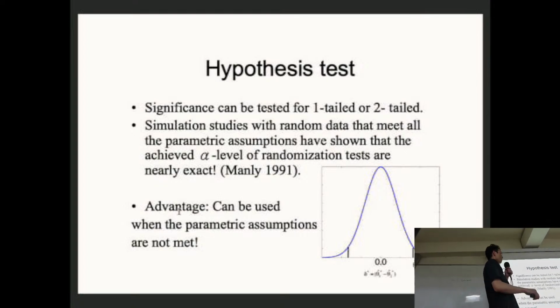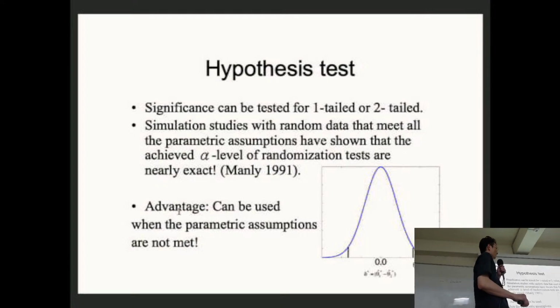Now we can consider our observed difference in mean. We can calculate theta 1 hat minus theta 2 hat as the observed difference in mean. And we can generate a 95% confidence limit of your null distribution. These upper and lower bounds are not a confidence interval of the difference in mean.